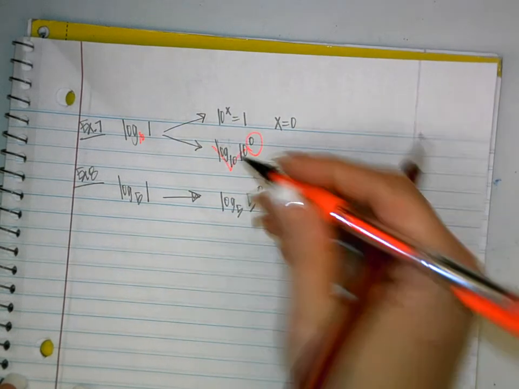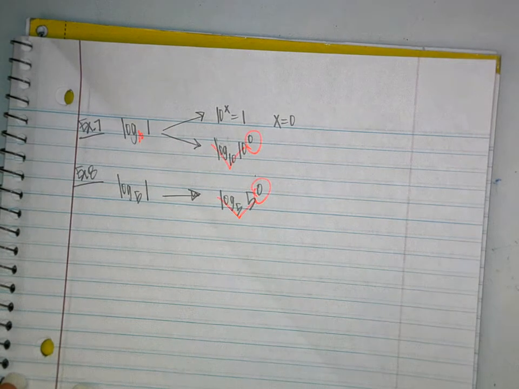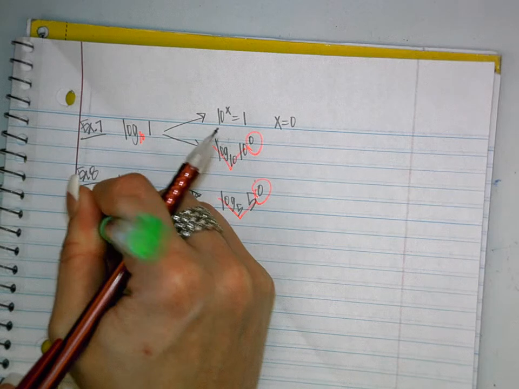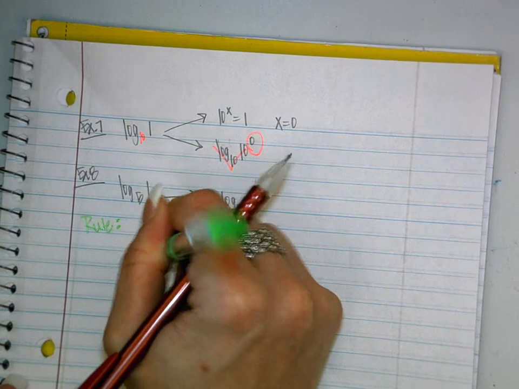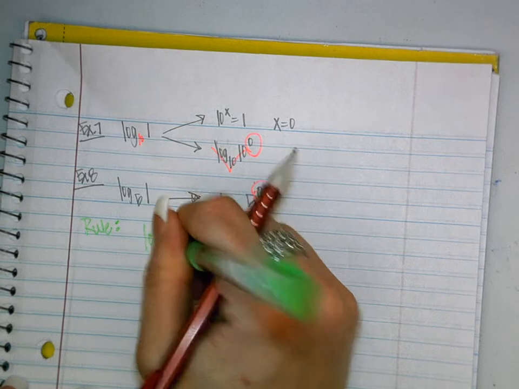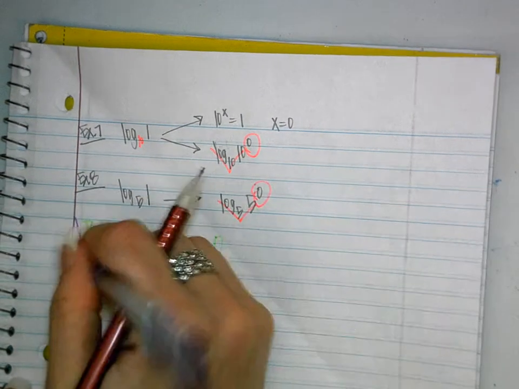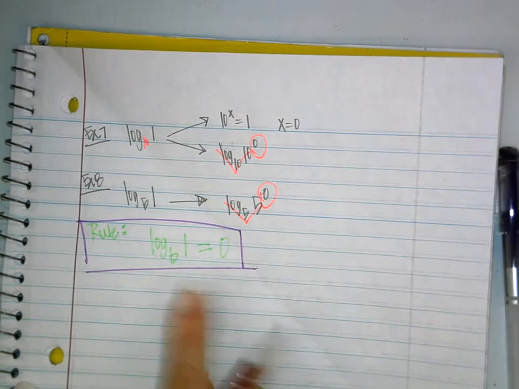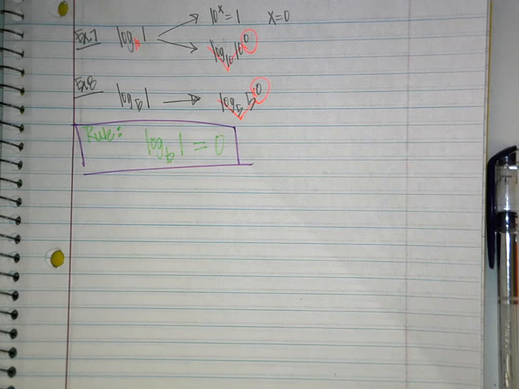Okay, seagull this away. Answer is 0. Okay, this leads me to the next rule. Basically, log of any base of 1 will equal 0. Okay, that's just one that you can kind of memorize. Log of any base of 1. Any base of 1 is going to give you an answer of 0. You can kind of just memorize that one.